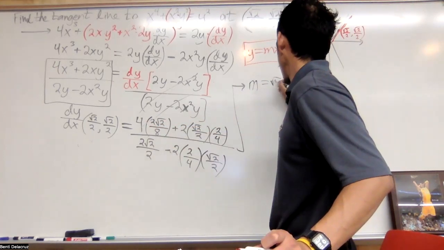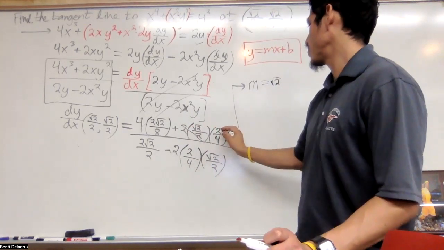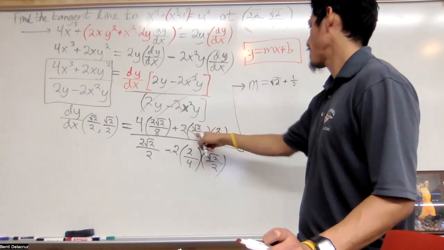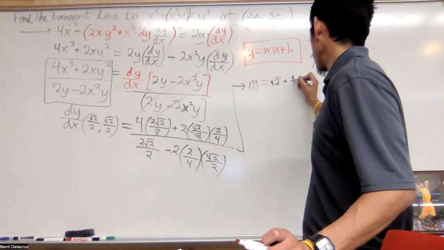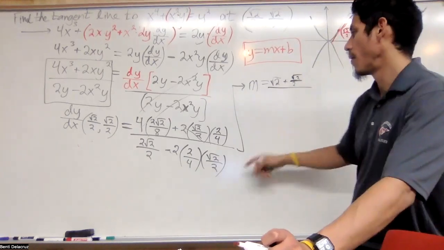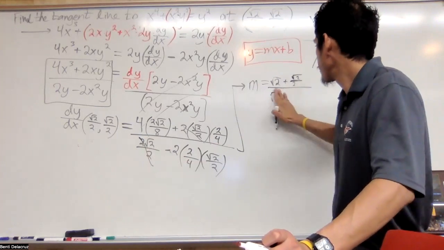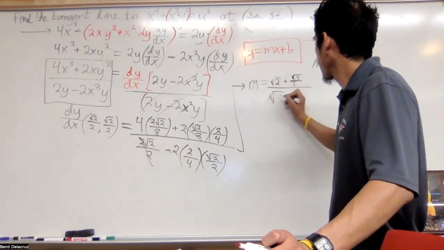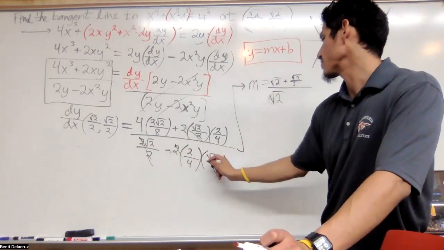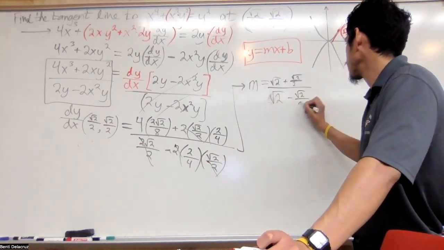It'll be root 2 plus, these 2's will cancel, so plus a 1/2 root 2, so plus a root 2 over 2, over this, these 2's cancel, of root 2, minus, these 2's will cancel, so minus a 1/2 root 2, so root 2 over 2.